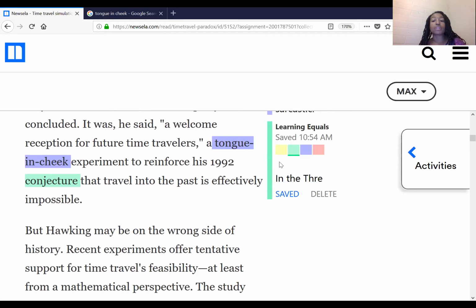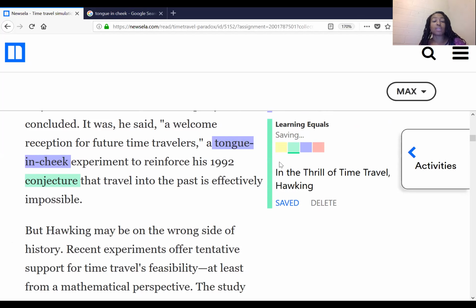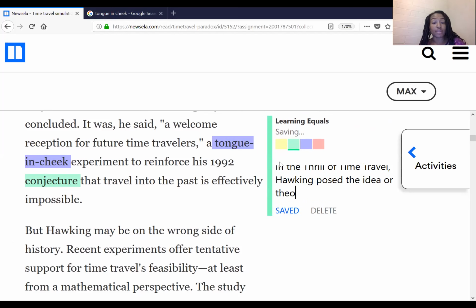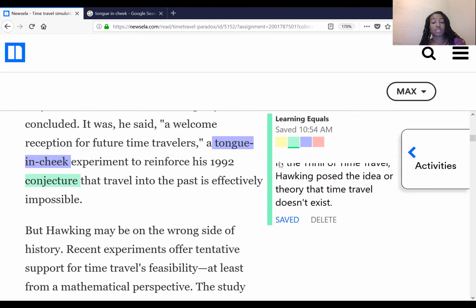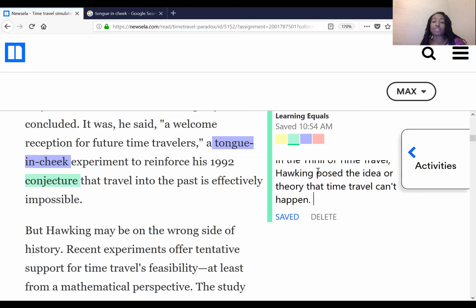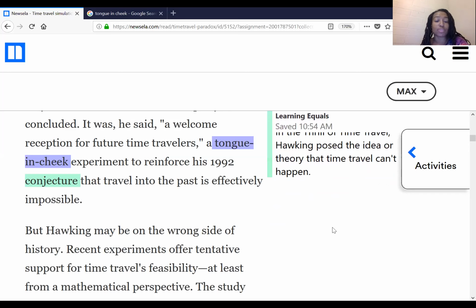In the thrill of time travel, Hawking posed the idea or theory that time travel doesn't exist or can't happen. I'm sorry, but for me to spend that much money on a joke, that's nasty. So his 1992 conjecture that travel into the past is effectively impossible.